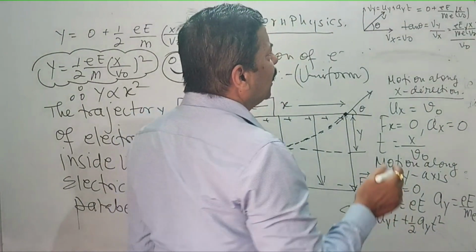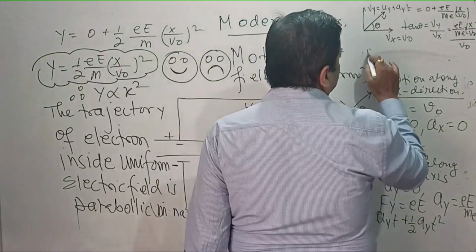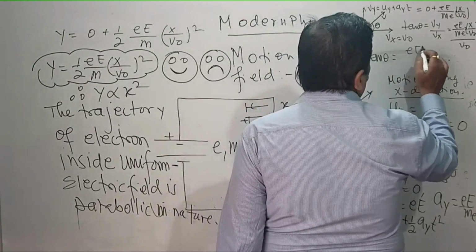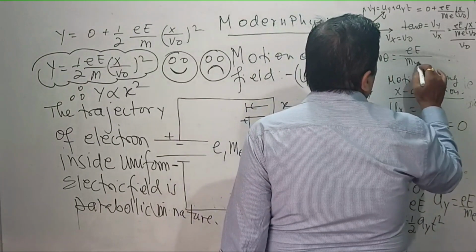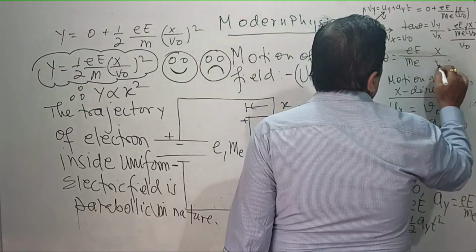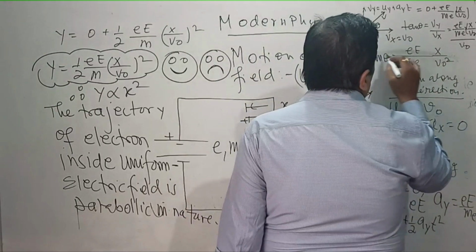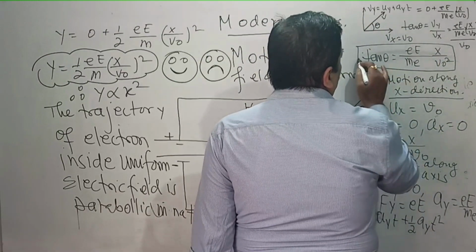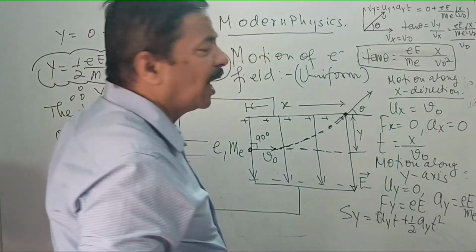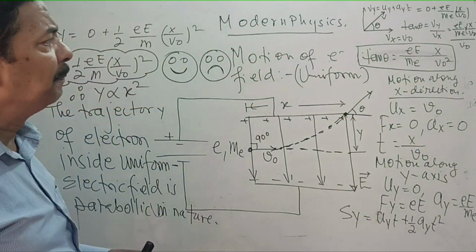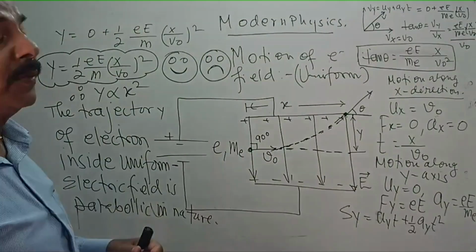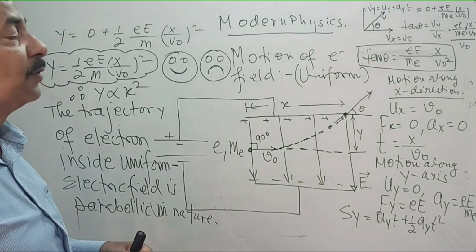So we are getting tan theta. This is the expression for tan theta, which will give you the angle inside the electric field. Inside the electric field, don't say when the electron emerges out of the electric field.